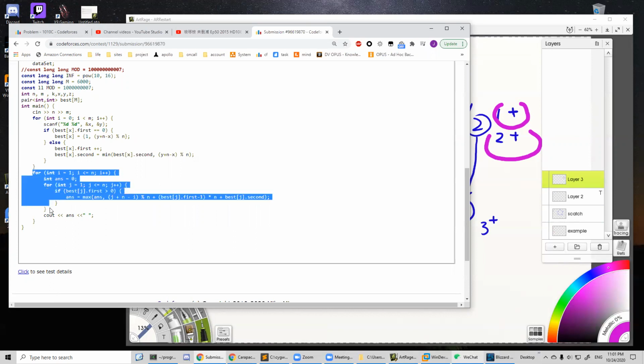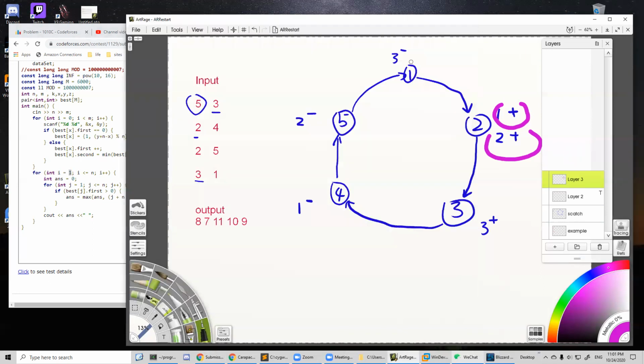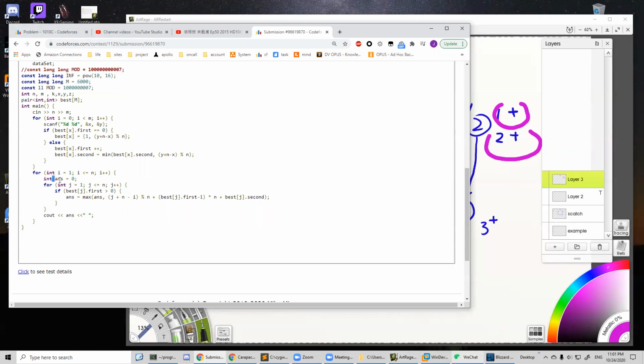The second part is we iterate through all of those starting locations and calculate the final answer for each of them. Let's say we start from the first station, and the initial answer value is 0.